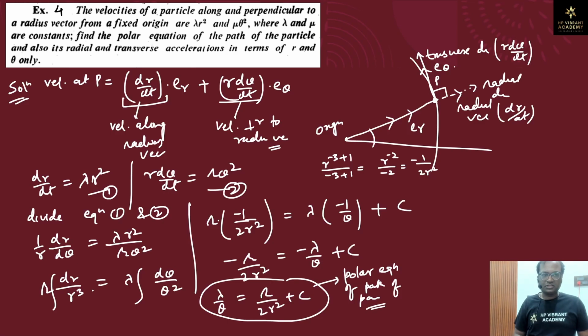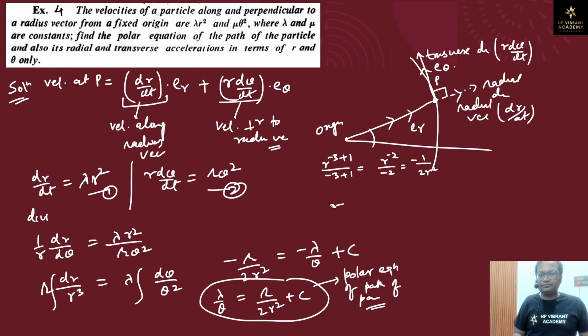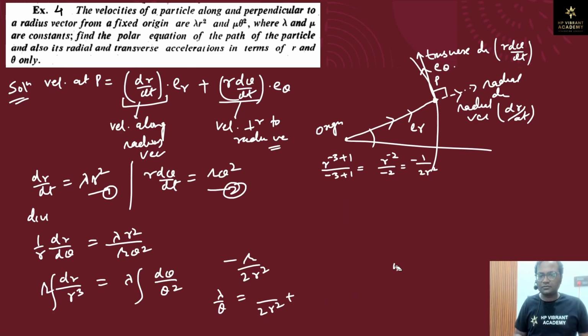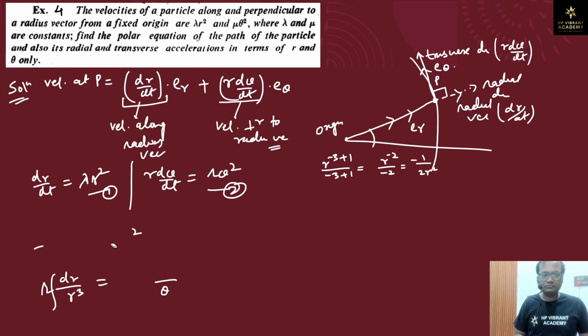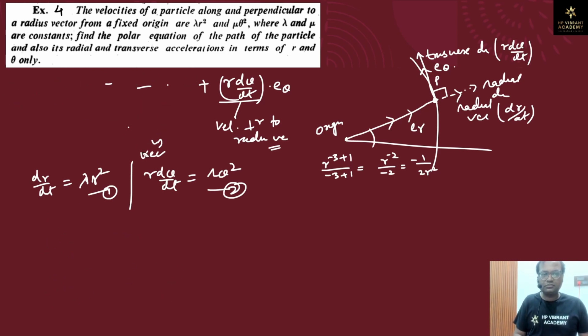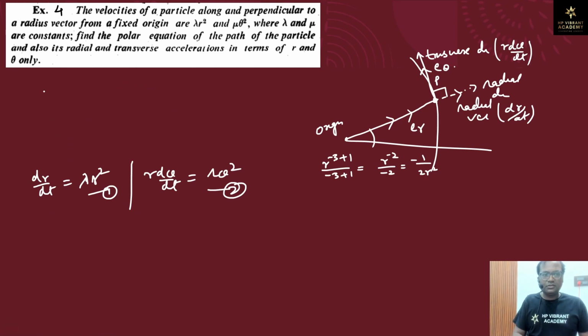Now let us find the radial and transverse acceleration in terms of r and θ. How can we find this? We have dr/dt is equal to λr² and r dθ/dt is equal to μθ².